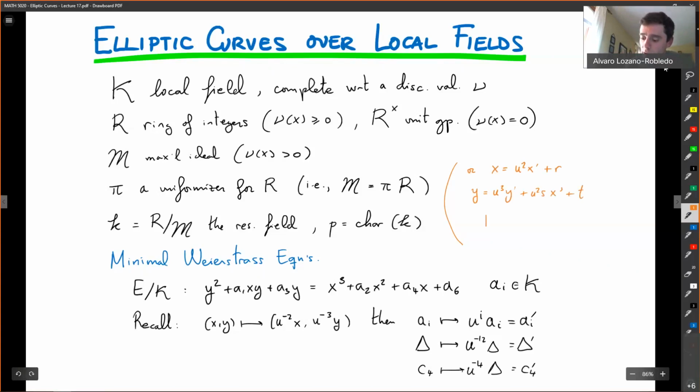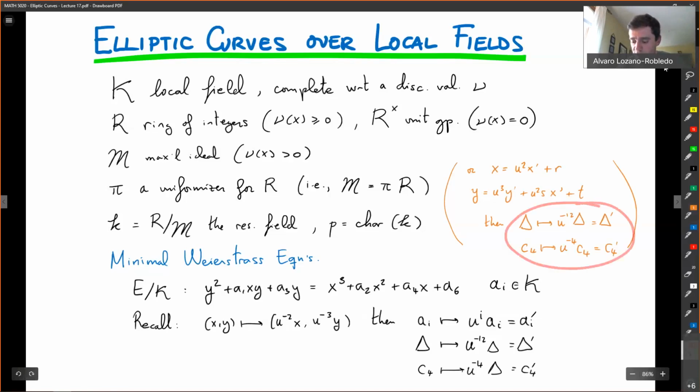Then the discriminant still changes by a power of 12 of this constant u that is featured in the change of variables, and c4 still changes exactly by a power of 4. So in both cases, the discriminant and c4 change by the same powers.